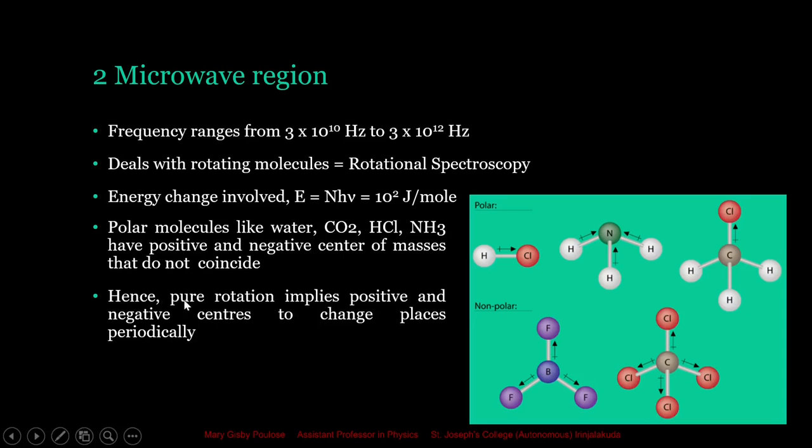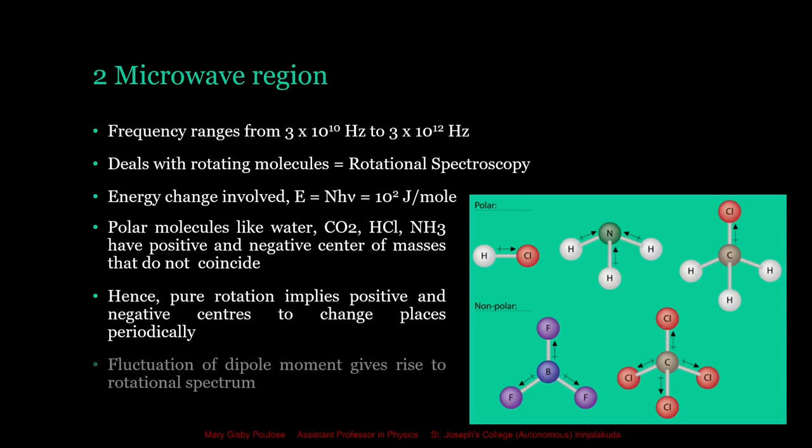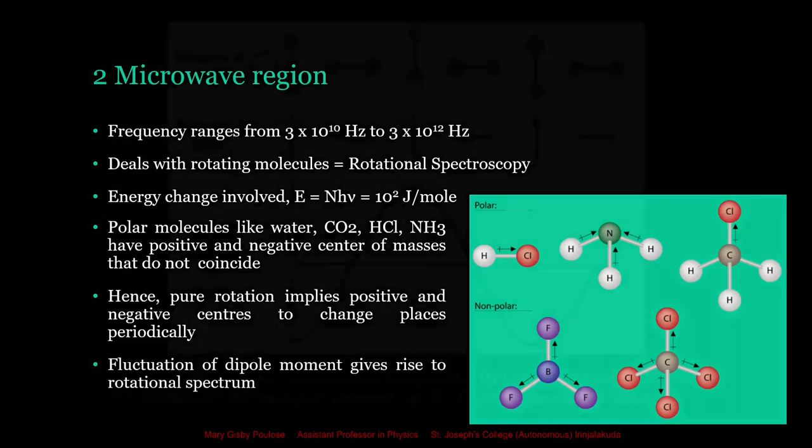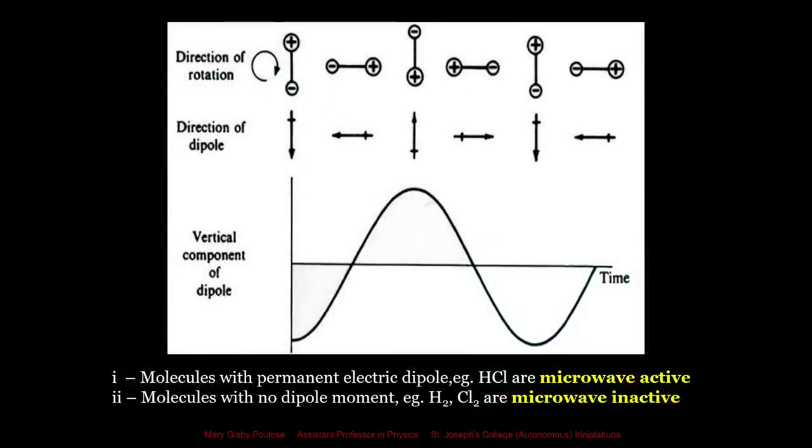So rotation of these molecules implies the positive and negative centers change places periodically. So when the molecule is rotating, these positive and negative centers continuously change. And this fluctuation of the dipole gives rise to the rotational spectrum. It is explained in this figure. So we said that these polar molecules are represented by a dipole.